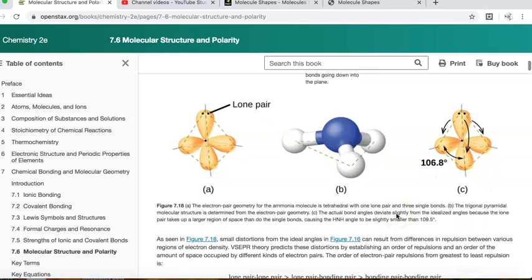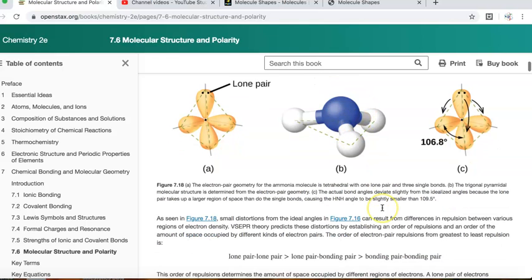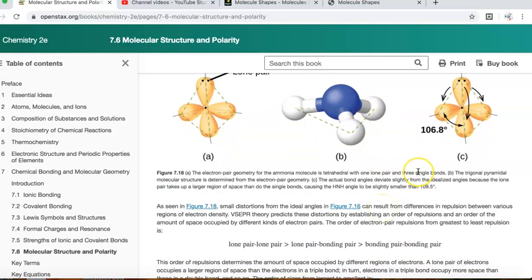And the reason for that is because of the lone pair. The lone pair basically has a greater repulsion than a single covalent bond or even a double or a triple. It takes up more space, and so it pushes these bonds and makes the angle smaller, from 109.5 to 106.8. It pushes them down.